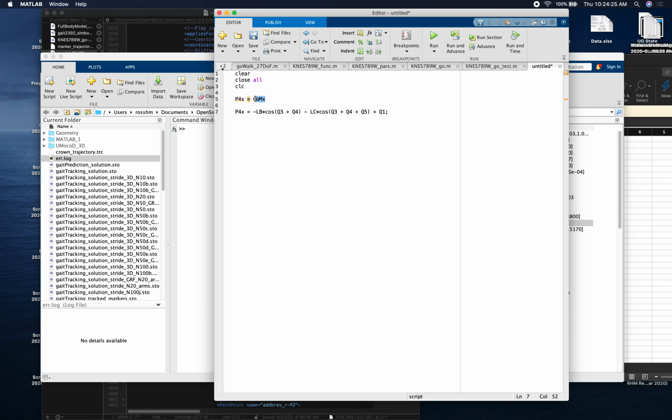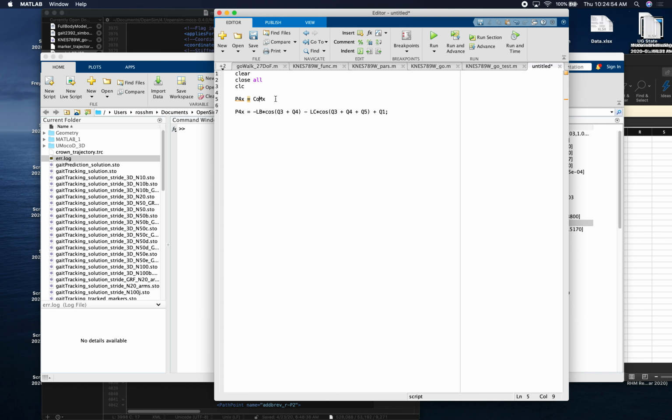I need to form an expression for the horizontal position of the center of mass. There's no way that I know of in PyDy to get it to spit out an expression that gives you the position vector of the entire center of mass of a multi-body system like we had here. I thought there might be. It seems like something that might naturally be in there. I wasn't able to find it. I actually contacted the PyDy creator who I know, and he said, well, it looks like we don't actually have that in here.